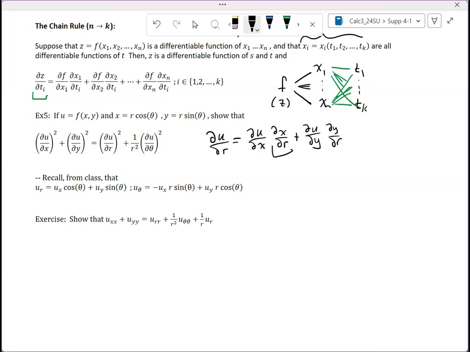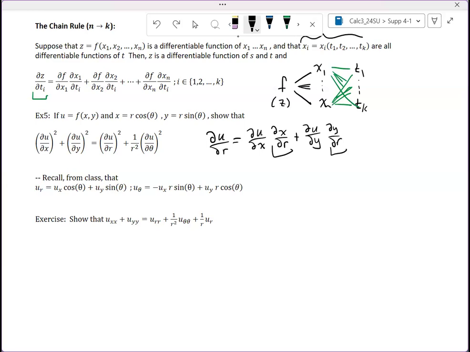And these derivatives were easy to do. I suppose it's not impossible to do it the other way, to look at partial of u with respect to x as being partial of u with respect to r, partial of r with respect to x. But again, taking, say, partial of r with respect to x and y, that's not going to be a very nice derivative to do. So we're going to approach it this way.